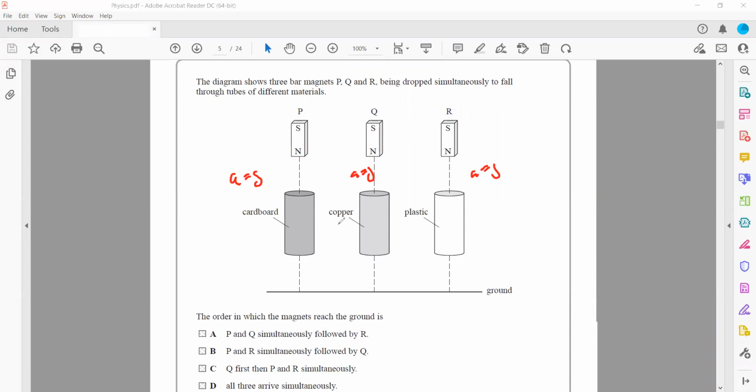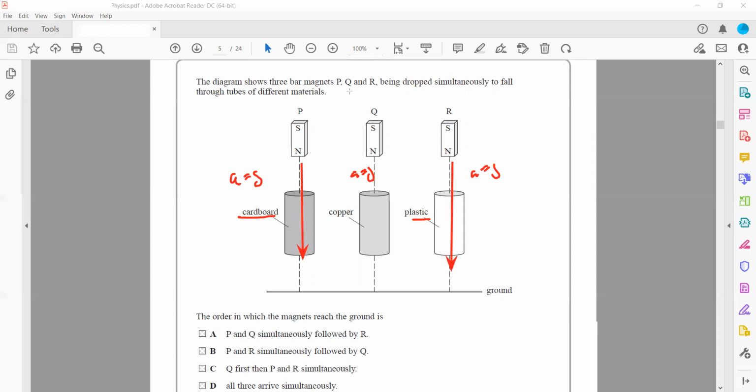But that induced EMF can occur only in metals, because a current can flow through a metal, not an insulator. So for plastic and cardboard, there is a change in magnetic field, but there is no induced EMF. So for these two, what will happen? They will continue to accelerate due to gravity.